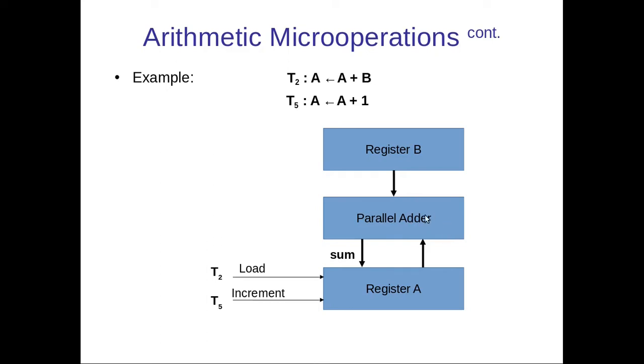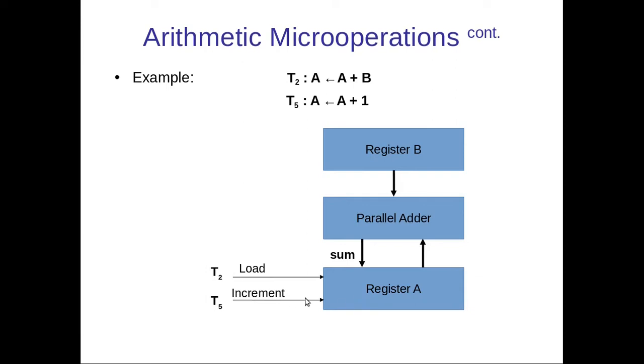This parallel adder will perform addition of A and B, and that sum will always be available through this bus. But register A is controlled by a load input. So whenever this load becomes 1, only then will the input be captured into register A, and that load input is controlled by T2.